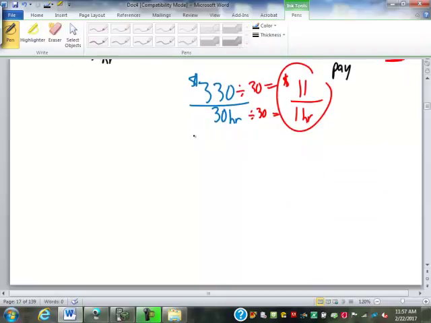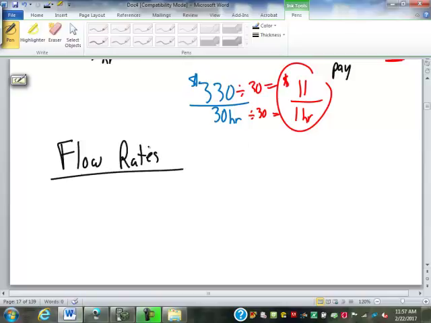Other rates that we would see. In medicine, we're going to have a lot of flow rates. So you may have a patient that is going to receive 4,000 milliliters of fluid over 8 hours.